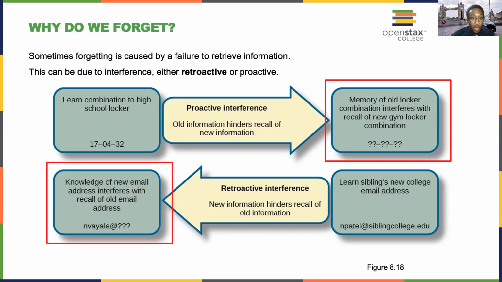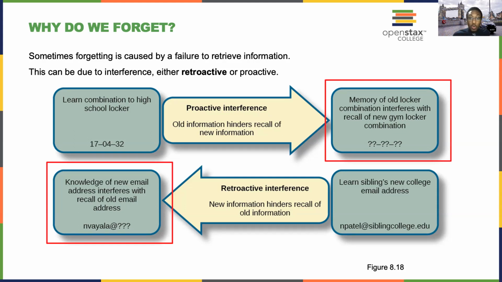Then in the case of retroactive interference, so let's say you have a friend's email address, and that information would interfere with the recall of an old email address. So we would call that retroactive interference, when the information is going backwards in time.